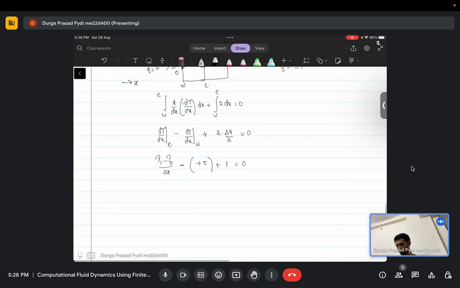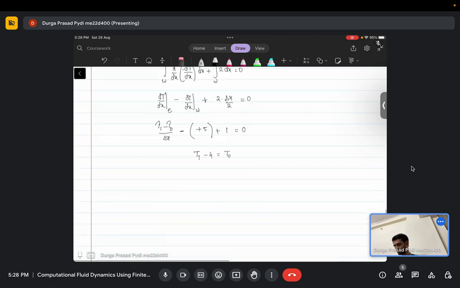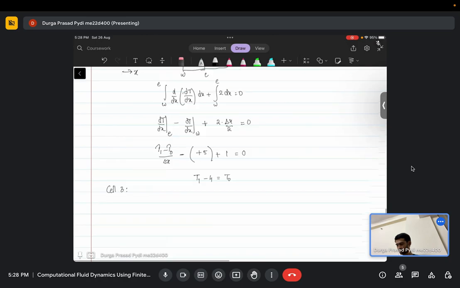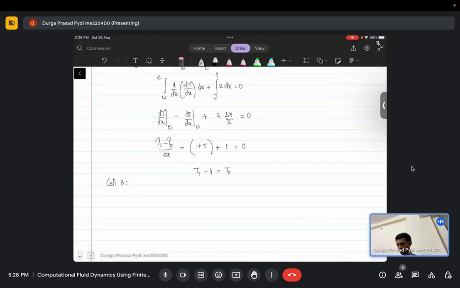So delta x is equal to 1. So what we have here is t0 minus 4. It should be rewritten in the standard form, so we have t1 minus 4 equals t0. Similarly for cell 3, on the right border, we will be having dt dx on the west face, and q will be pointing outwards.